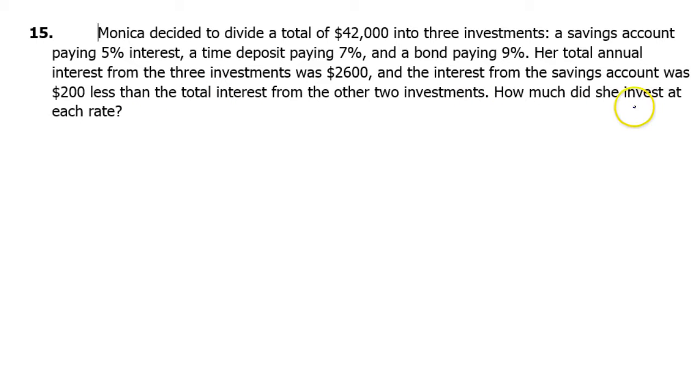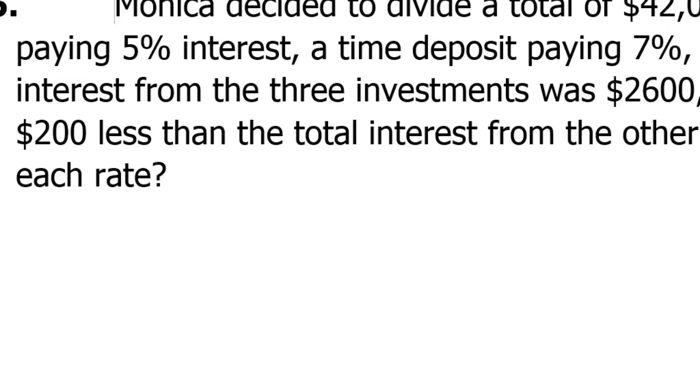Focus carefully on that last sentence, because whatever they're asking you to find tells you what your variables need to be. So, how much did she invest at each rate? The first thing we must do is define our variables. I'll just use x, y, and z. So we'll let x be the amount invested at 5%.